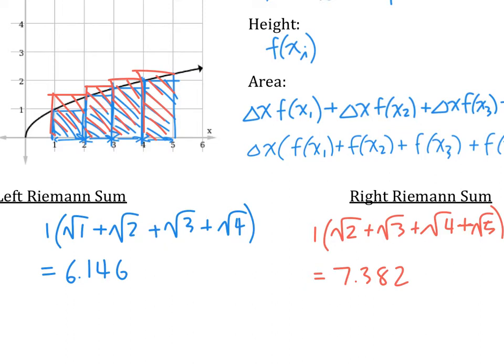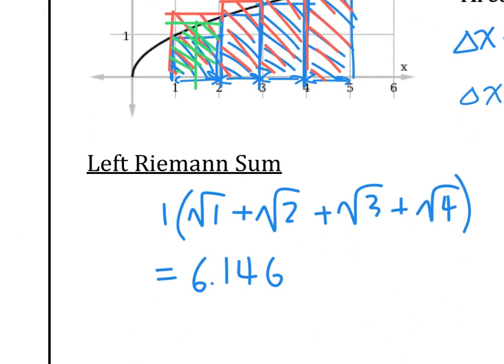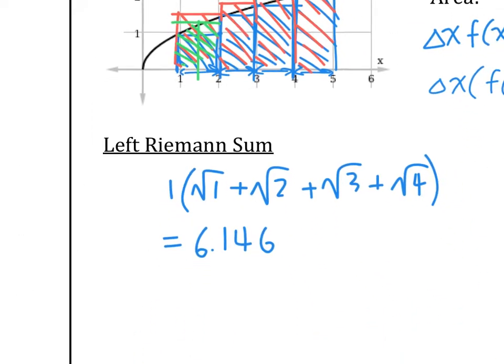Next one, midpoint. So midpoint is a little bit trickier. We're taking the middle and we want the height. So between 1 and 2, the middle number is 1.5. From 1.5, we go up to the height, and then we create the height. So 1.5, 2.5, 3.5, 4.5. If this does not make sense, you got to ask somebody.